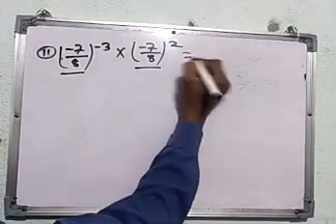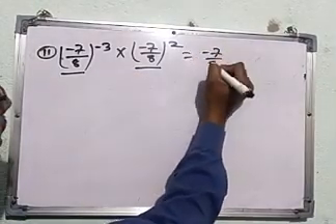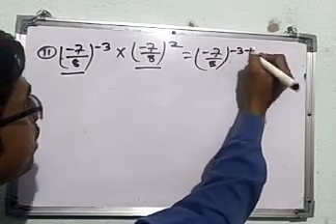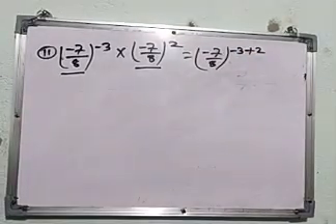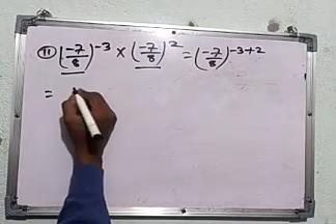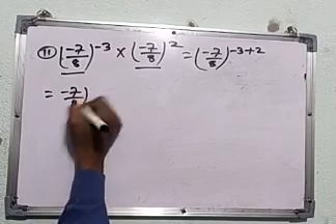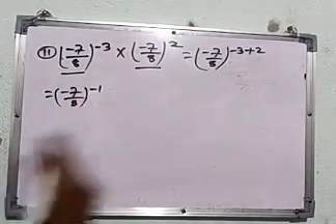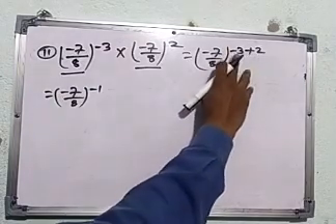So you write minus 7 by 8 and take power minus 3 plus 2. So you write minus 7 by 8 power minus 1, because minus plus is minus.